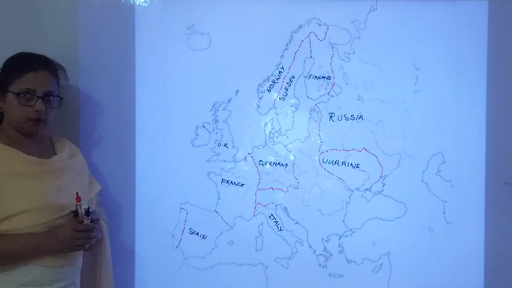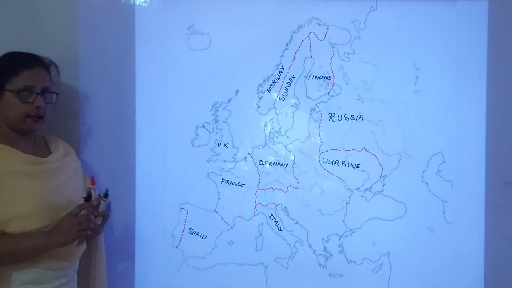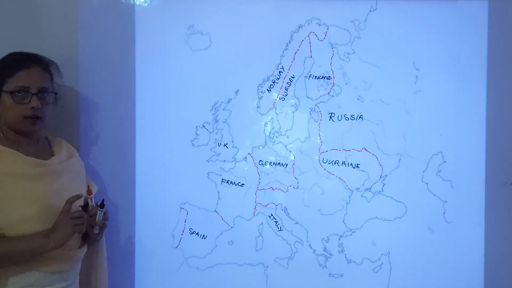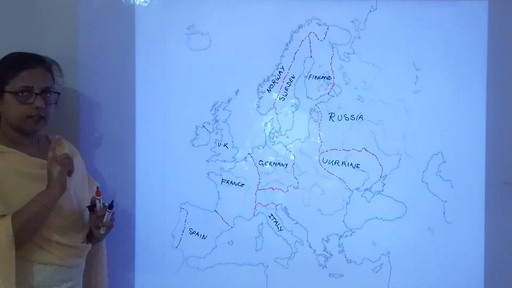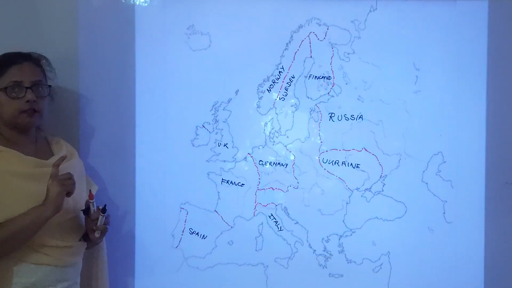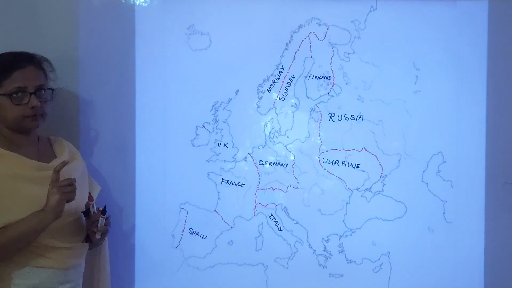You can pause the video and see where all the countries are and draw the international boundaries with a line and a dot with red color.